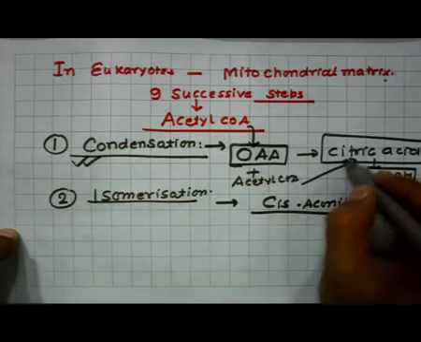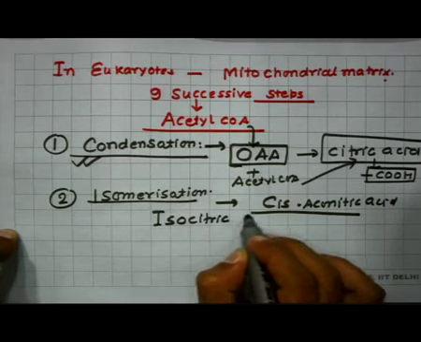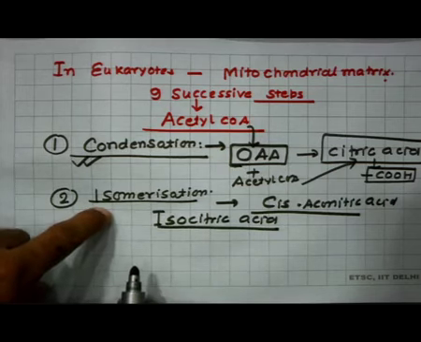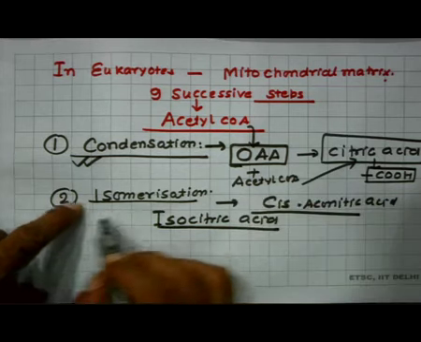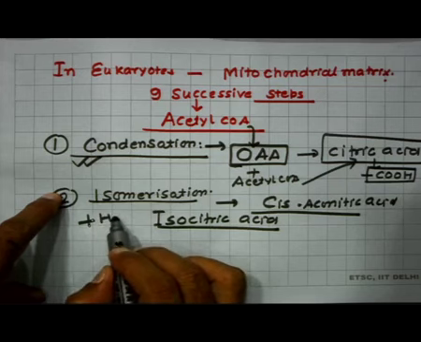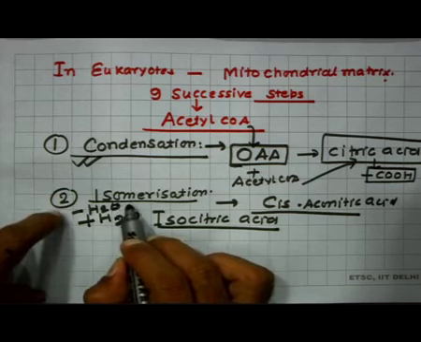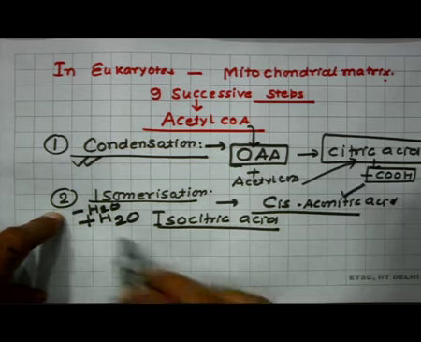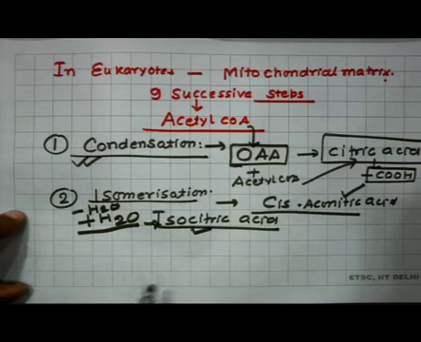So, with isomerization, as we will see in my next class, water is going to be added or removed. When it is removed from citric acid, it forms cis aconitic acid. When it is added, it forms isocitric acid. So, the second step of the Krebs cycle is isomerization.